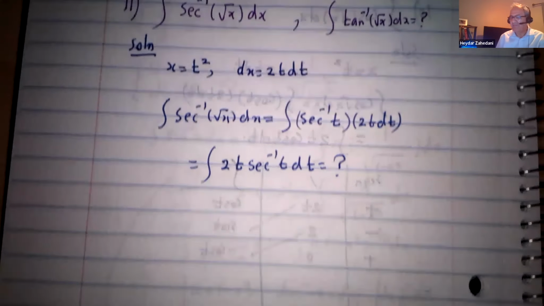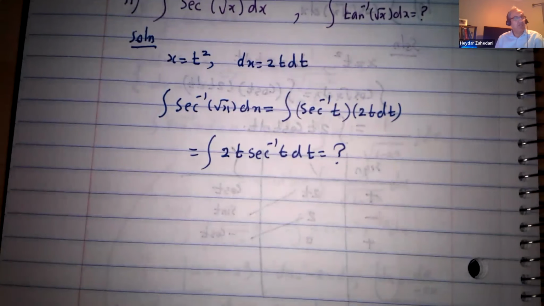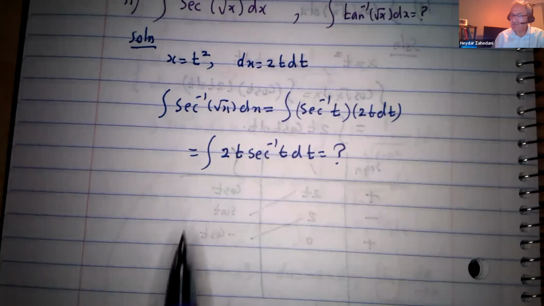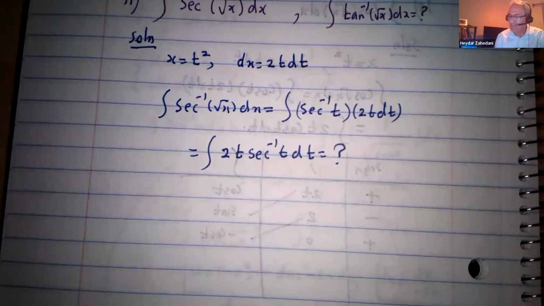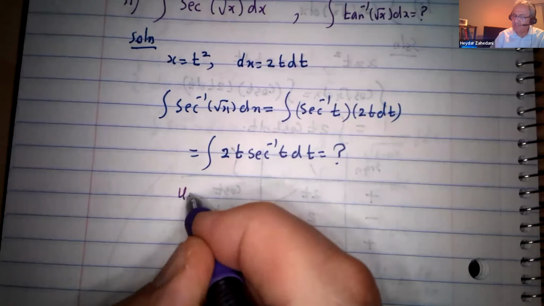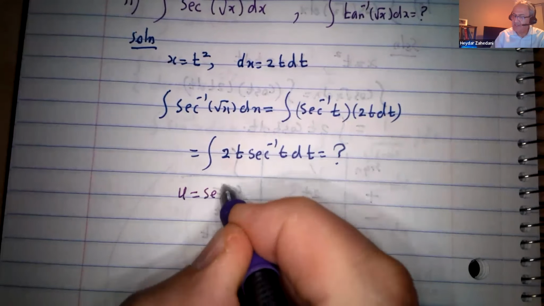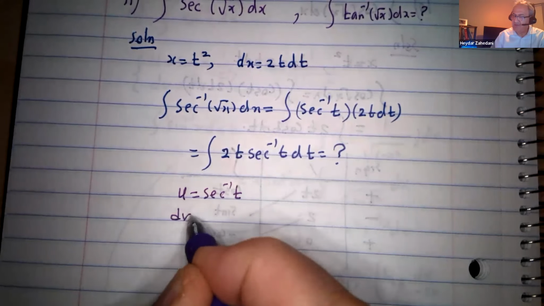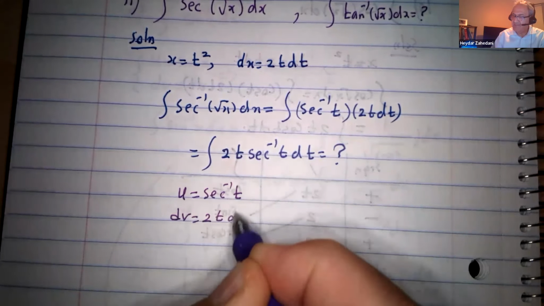That's it. Remember, for the secant inverse or the tan inverse, you cannot use the table. So you have to go directly to the integration by parts method. For this one, you have to take u to be secant inverse of t, so dv is going to be 2t dt.